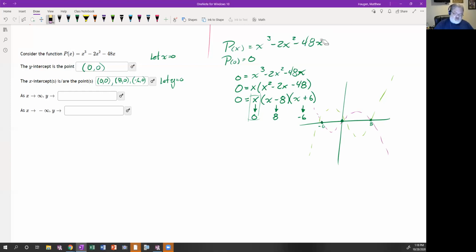But we have to know, is this thing going to go generally upward or generally downward? Is it going to be going generally this way with that little wiggle in between? Or is it going to be going generally downward with that wiggle in between? How do we tell which way it's going?